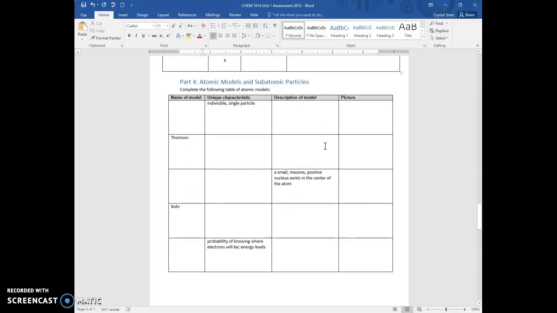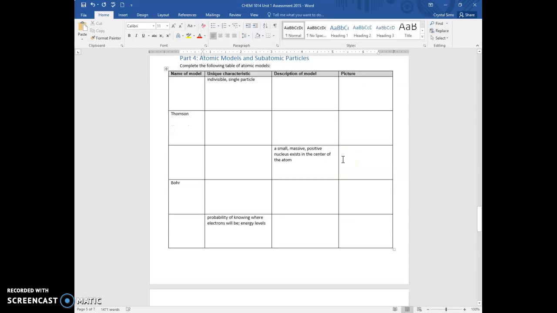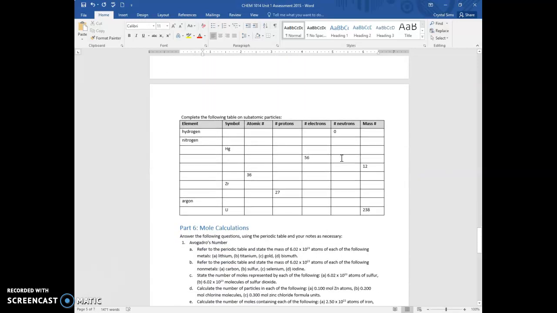Part 4, you have a table to fill in, and then you need to include a picture, and you can either draw this or you can find a picture on the internet, but if you do use the internet, you have to make sure to cite your sources. But you're going to fill in this table based on the different atomic models that we looked at.